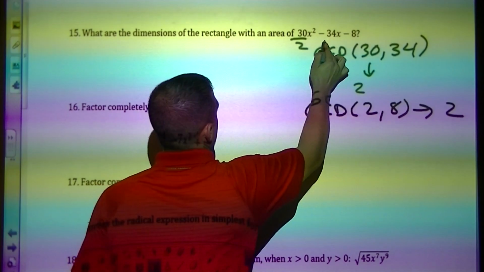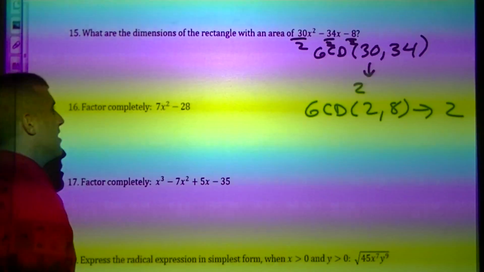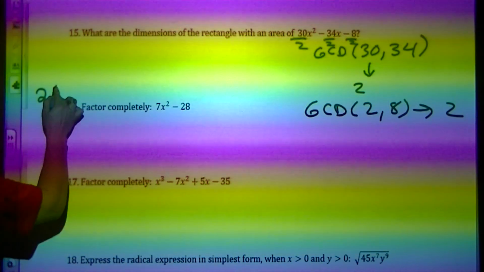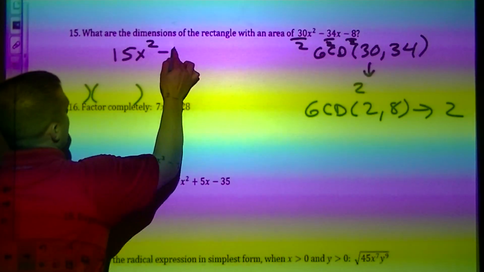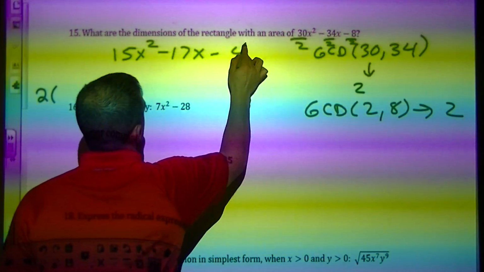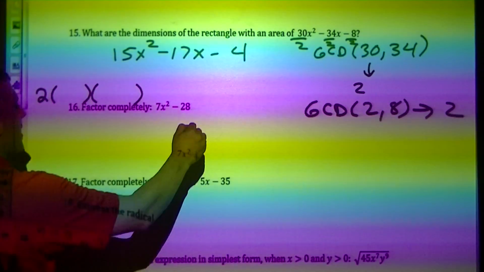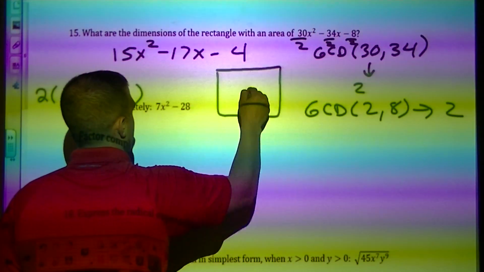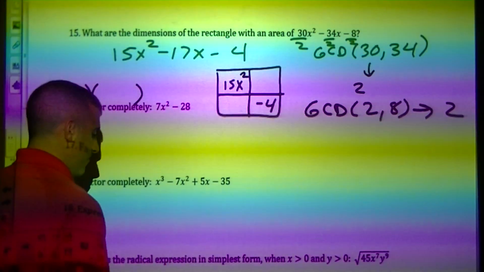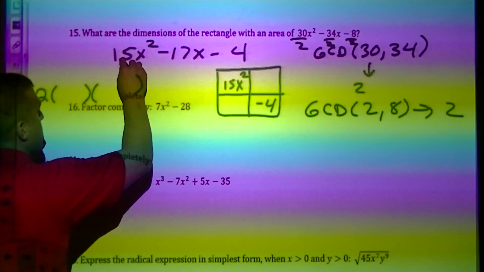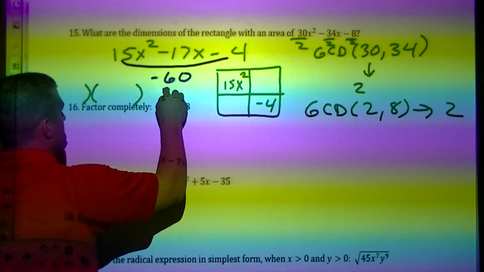If I take out the 2 here, and the 2 here, that's going to give me 15x squared minus 17x minus 4. I'm using boxes once again. 15x squared and negative 4. I'm multiplying, gives me negative 60.